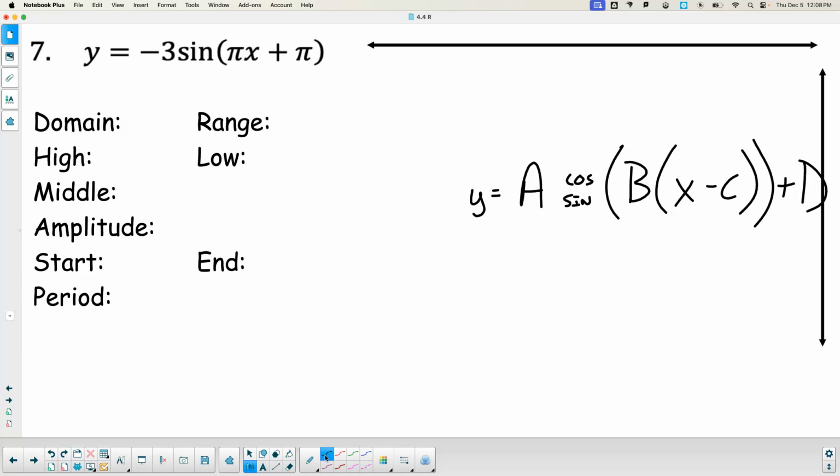Right? If there's not this extra set of parentheses in there, and there's a coefficient on your x, you've got to factor that b out first.